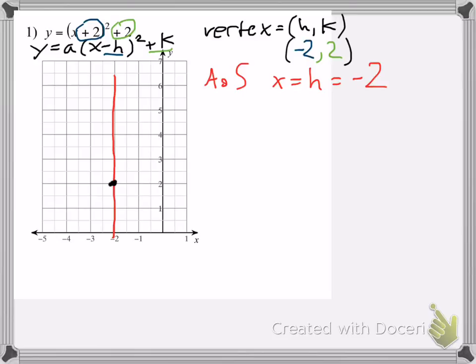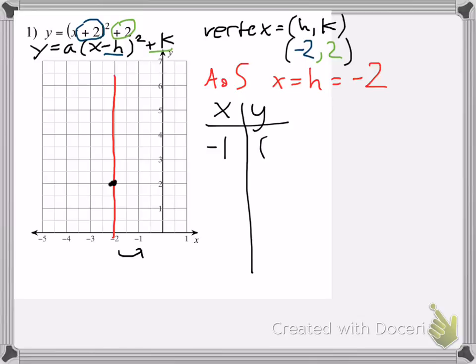So if I make a table of x and y values, let's go 1 to the right of negative 2. So when x is negative 1, I'm going to plug that into my function.